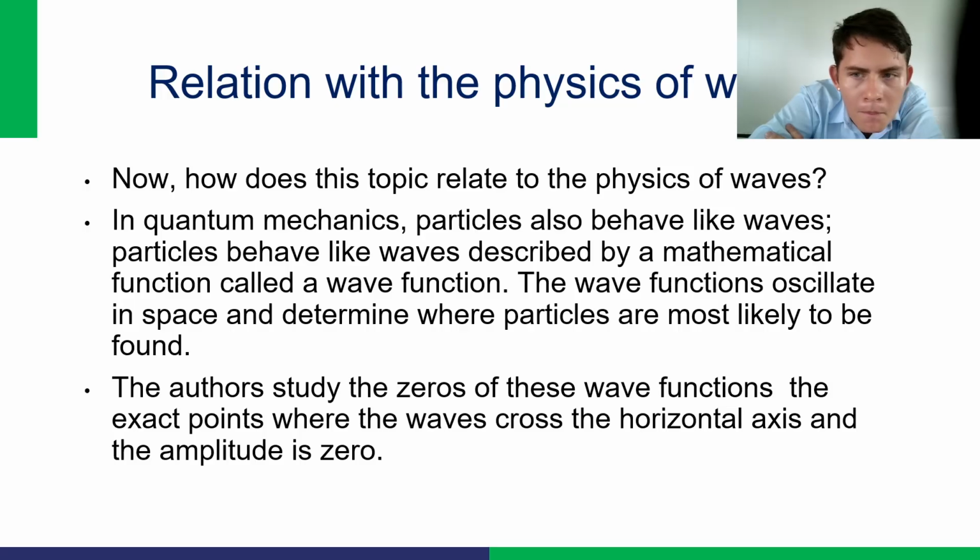Particles behave like waves described by a mathematical function called a wave function. The wave function oscillates in space and determines where particles are most likely to be found. The authors studied the zeros of this wave function, the exact points where the waves cross the horizontal axis and the amplitude is zero.